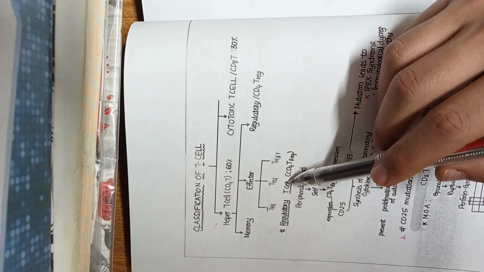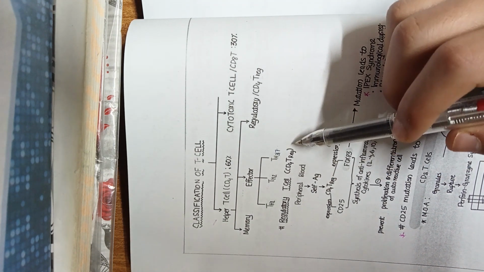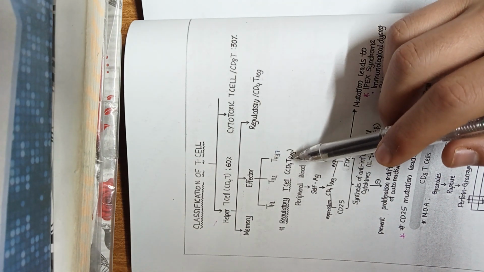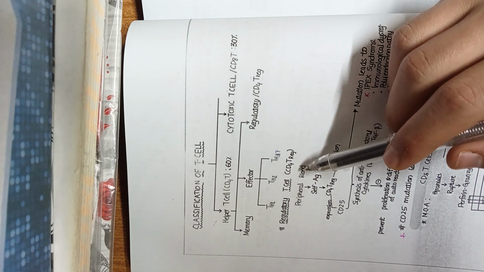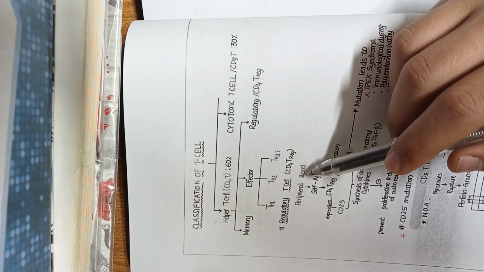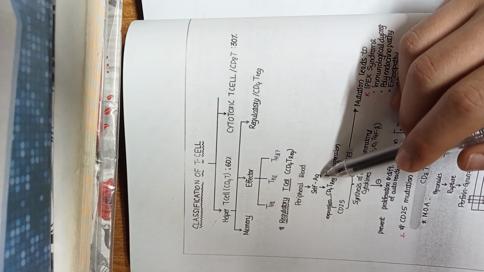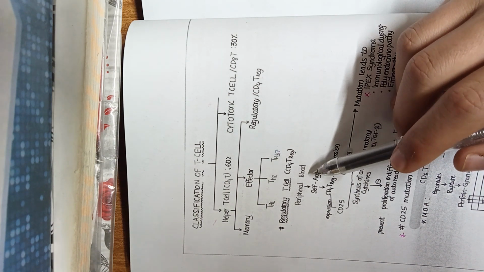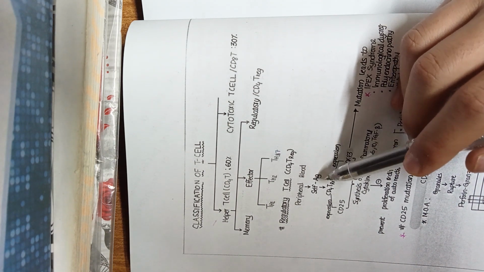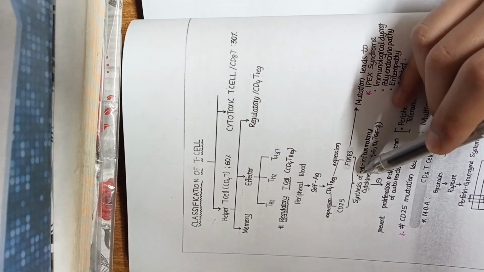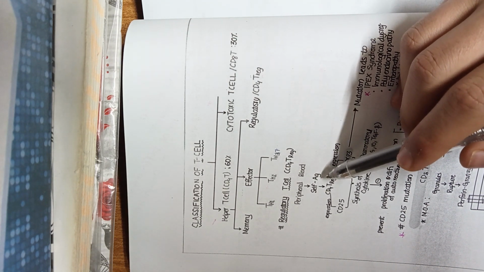First of all, let's discuss regulatory T cell, or CD4 regulatory. Let's suppose in peripheral blood there is a presence of self-antigen.